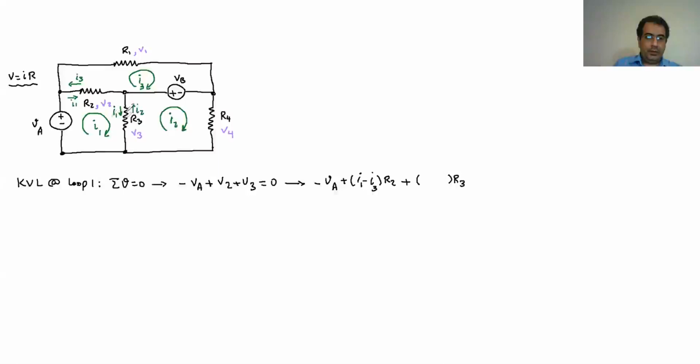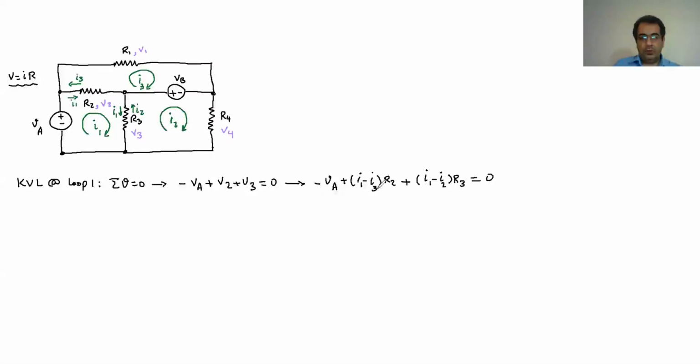I1 has the same direction as my rotation in loop 1, so it's going to be plus I1. And I2 is in the opposite direction of my rotation here. I'm going from up to down, and I2 goes from bottom to top, so it's going to be negative I2, and then it's going to be 0.